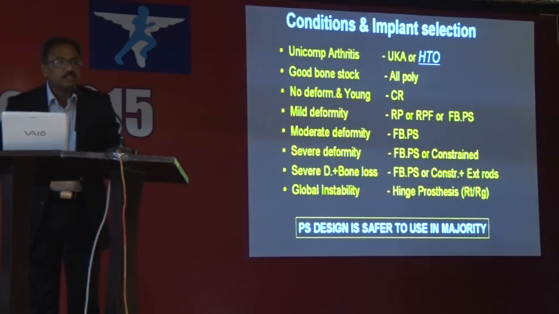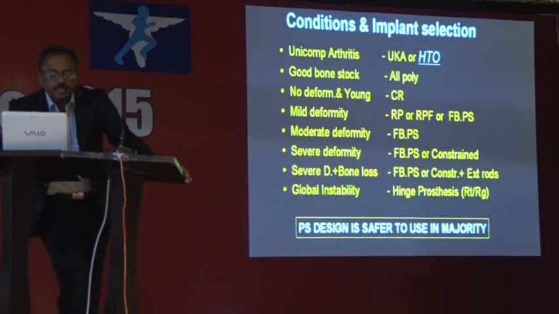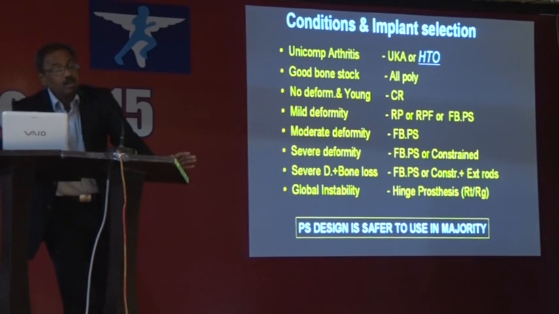Then how much constraint? When the patient has unicompartmental arthritis, then you can go for either unicompartmental arthroplasty or HTO. I always advocate HTO. My colleague is doing HTO and I have seen he is getting good, fantastic results. And unicompartmental arthroplasty is done and recommended by less than 20% of surgeons all over the world.